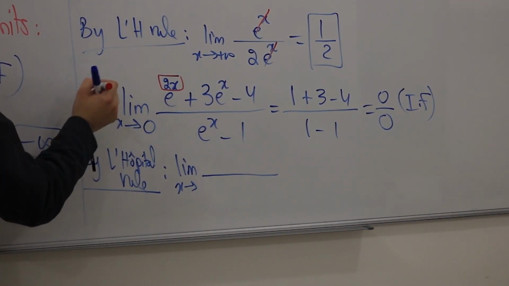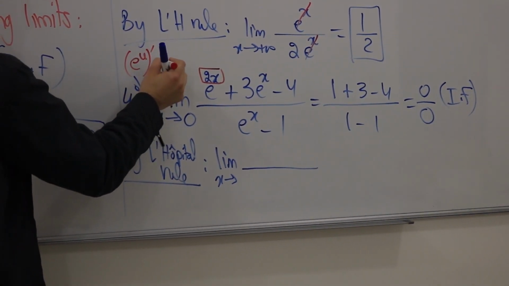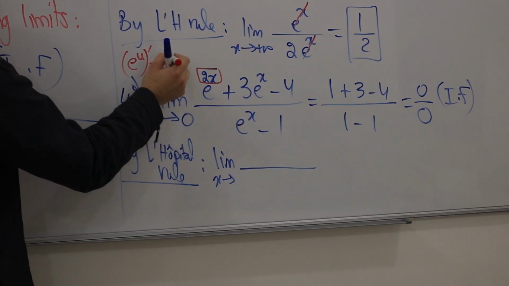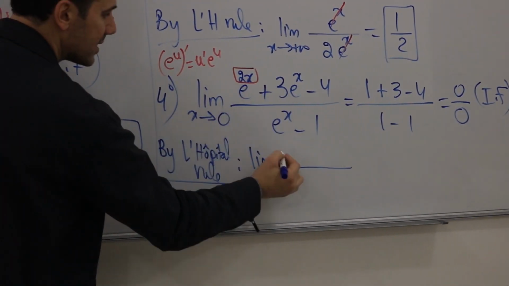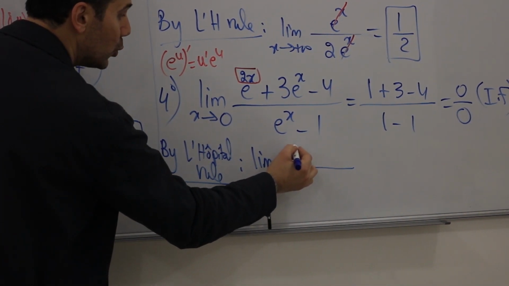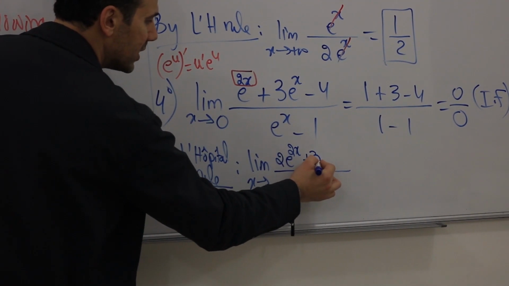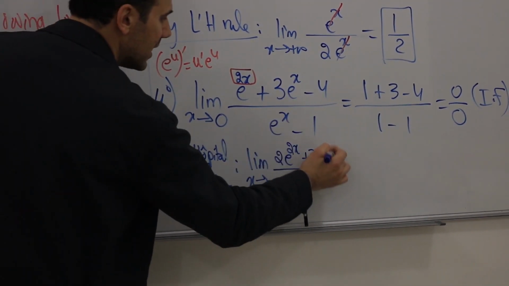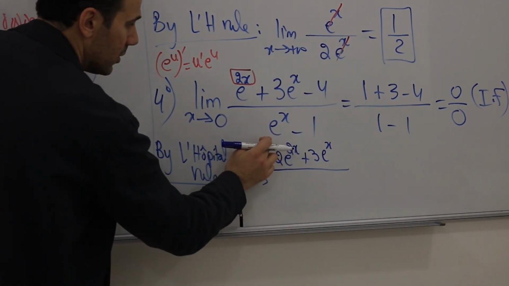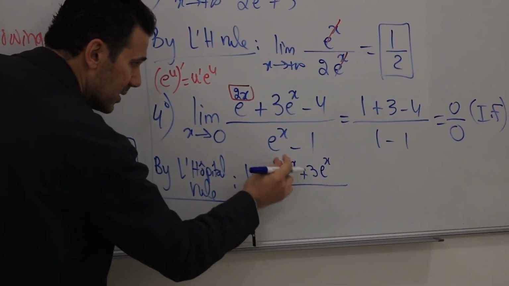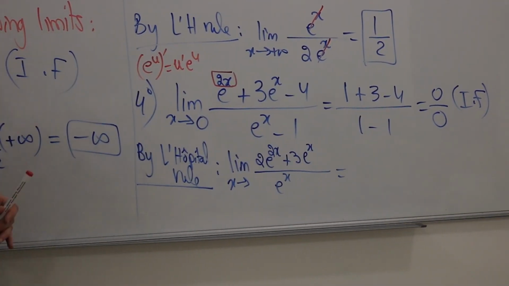And as you know, the derivative of e^u, let me remind you, is u prime e^u, isn't it? So the derivative of e to 2x is 2e^(2x), not e^x, plus 3, a constant, we keep it. The derivative of e^x is e^x itself, and the derivative of that term is 0. So the derivative of the denominator is e^x, and the derivative of minus 1 is 0.